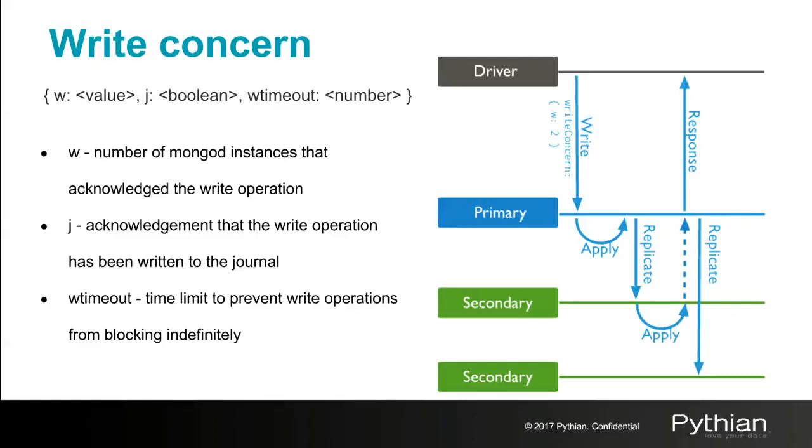By default, this is only one member of the replica set, the primary node, but we can change it. We can have w: 2, which means that when we do writes on our replica set, we are expecting at least two nodes from the replica set to acknowledge the write.